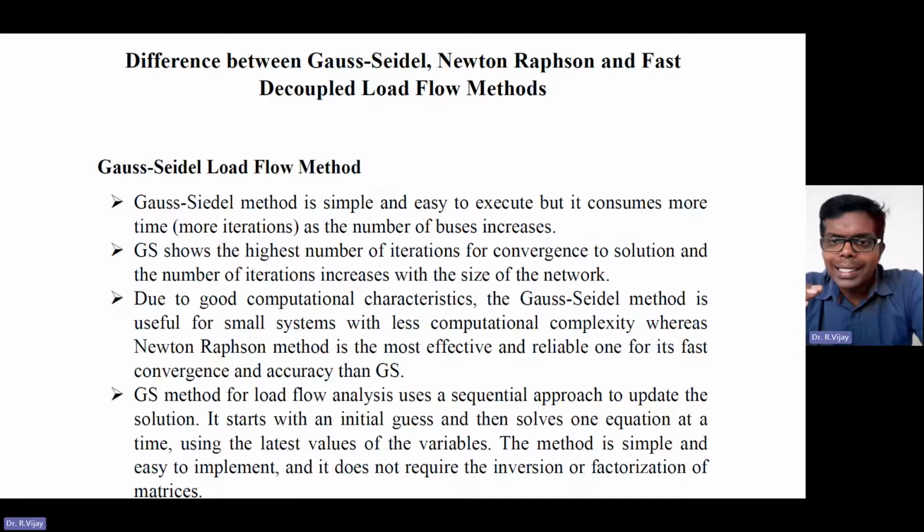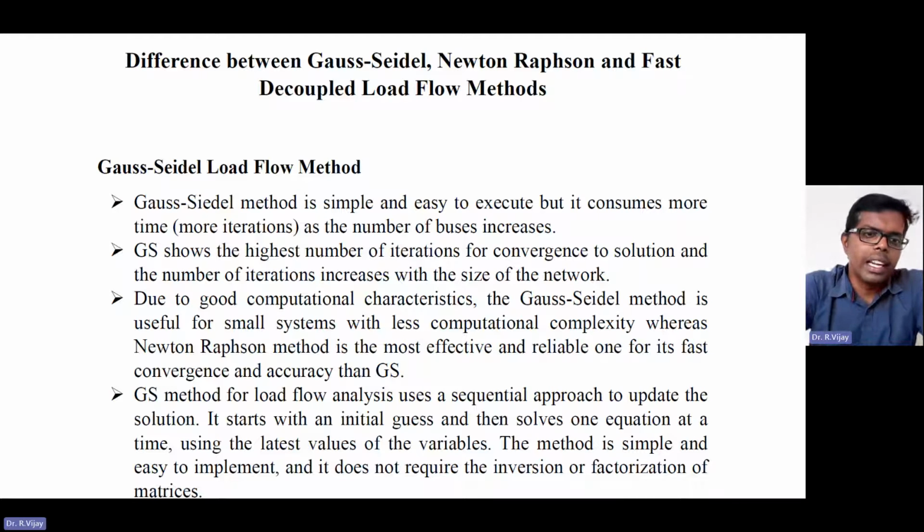If the number of buses goes up, automatically the time taken for convergence will also be more. You will not feel it while doing hand calculation for a 2 bus or 3 bus system, but if you program it in MATLAB or Python, you will feel the time taken by the algorithm is a little bit more if the size of the network goes up.